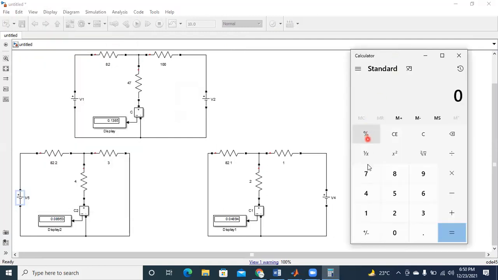As per the superposition theorem, the algebraic sum of the responses when the sources are acting alone should equal the response of the circuit when both sources act simultaneously.